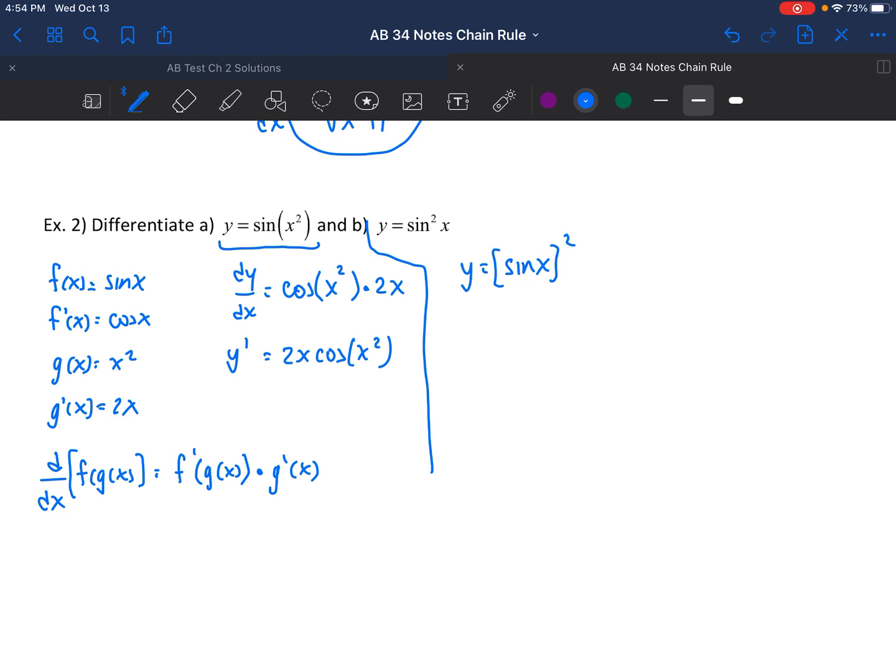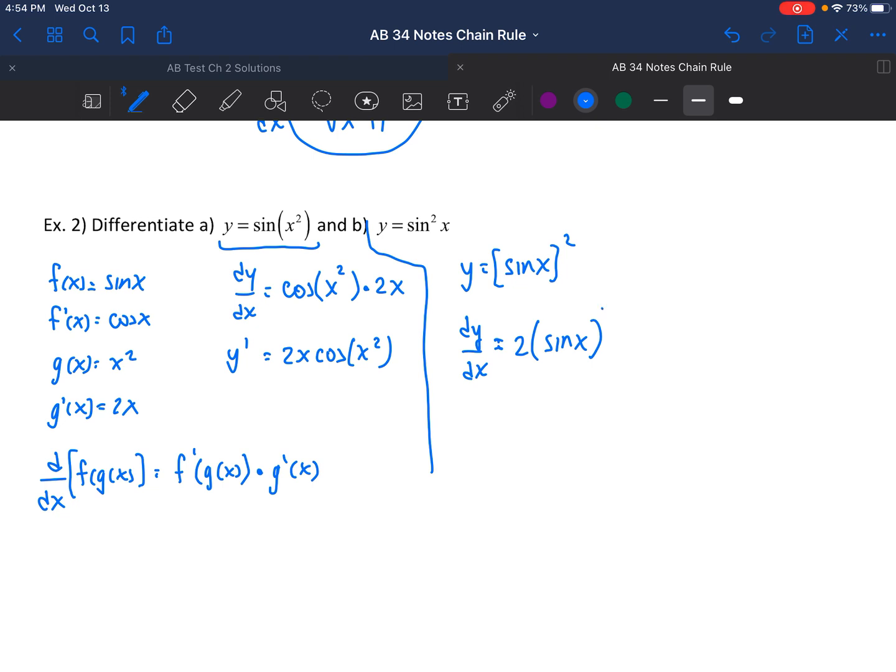Now sometimes it helps to rewrite things so we can clearly see what is inside of another. dy dx, our derivative, we're going to take the derivative of the outside function. The outside function is that power to 2. We're going to multiply, applying the power rule, 2 sine of x, subtract 1 from the exponent.